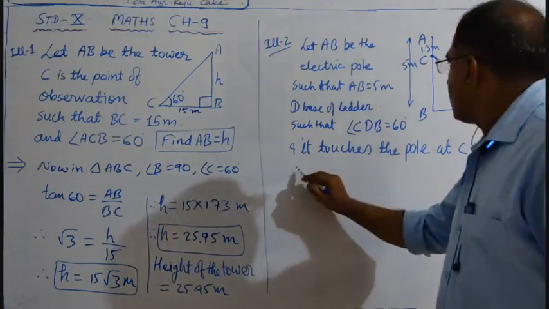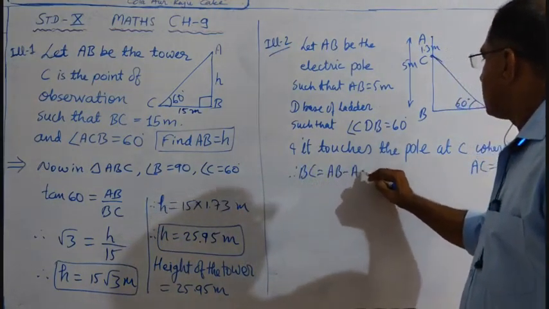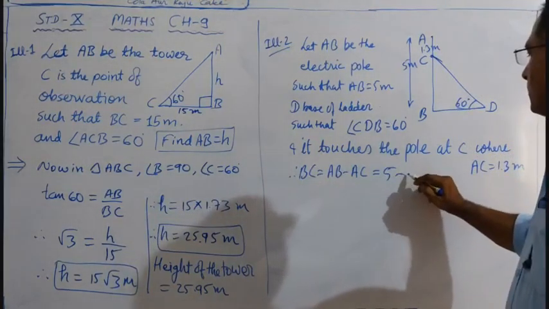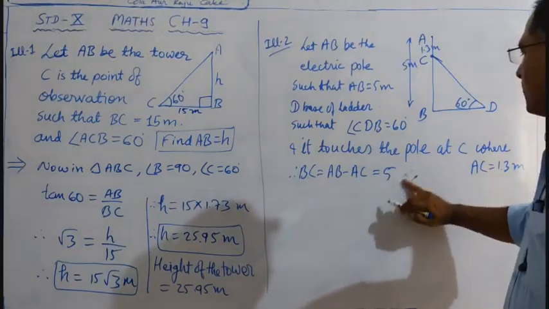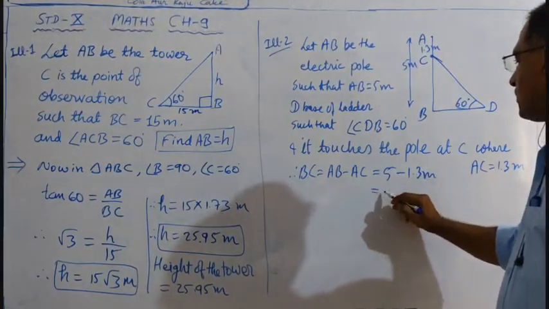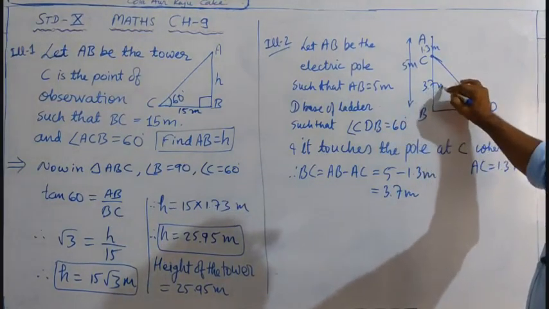Therefore BC is equal to AB minus AC, that is 5 meter minus 1.3 meter, and that is equal to 3.7 meter. So this is 3.7 meter.